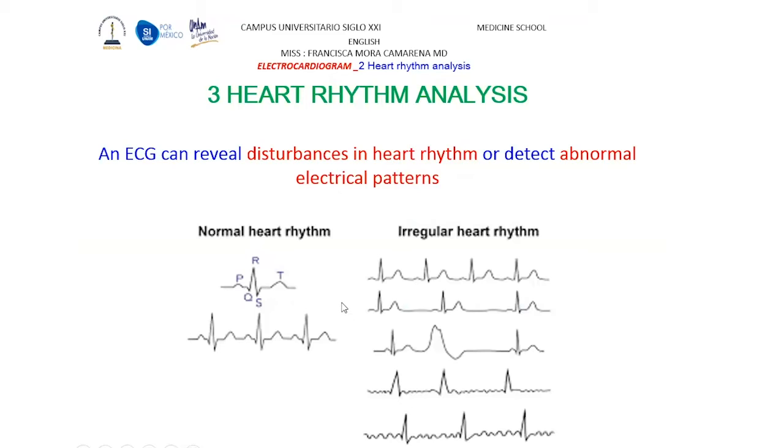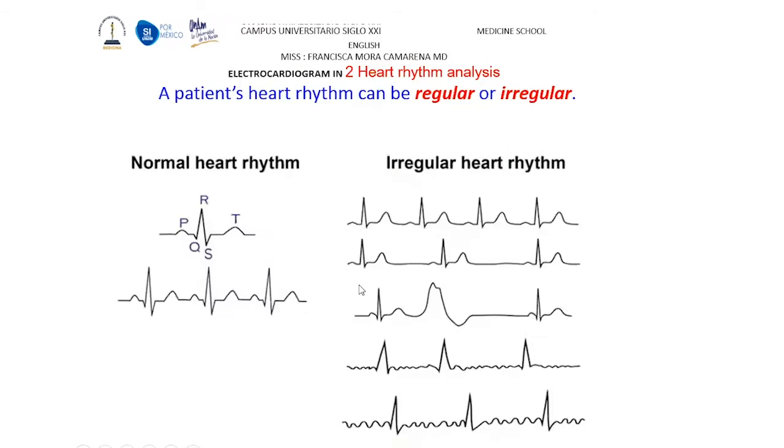As we remember, if we use our electrocardiogram traces, we might find some disturbances in the heart rhythm, which are called abnormal electrical patterns, and we have different kinds of irregular heart rhythms.